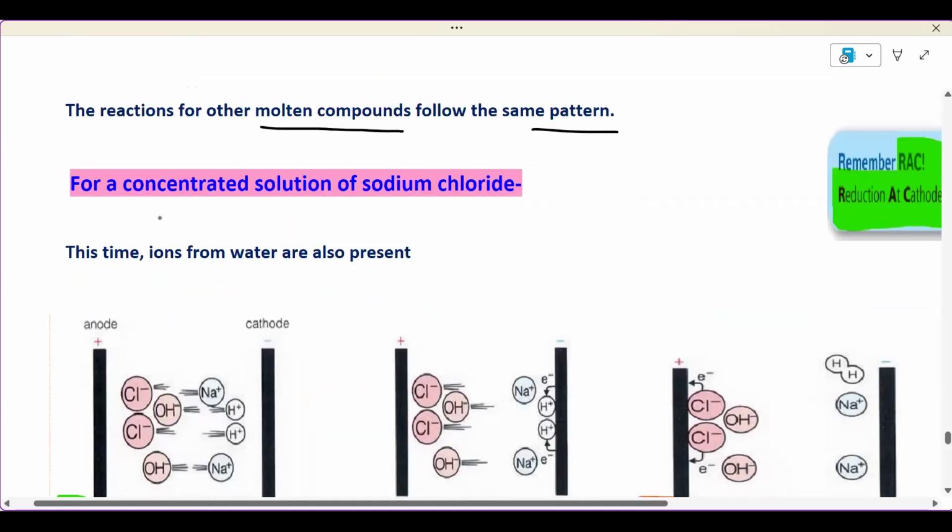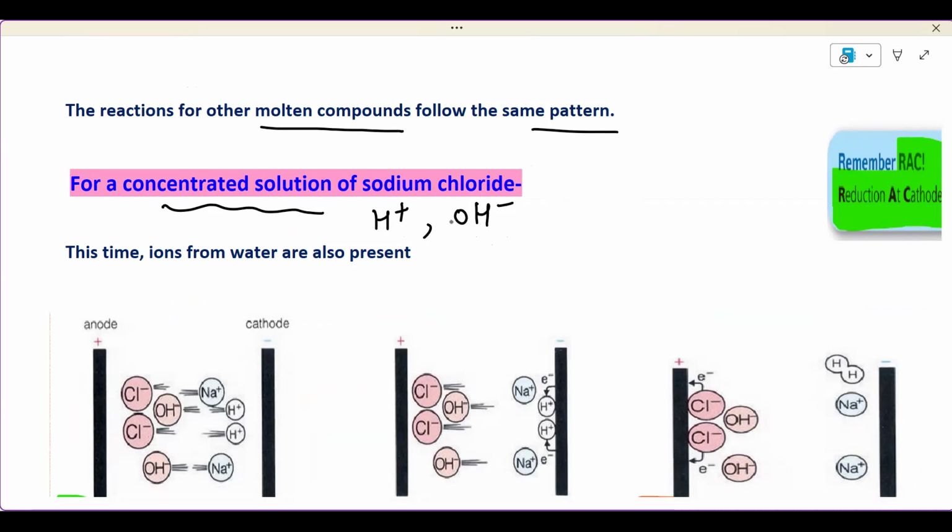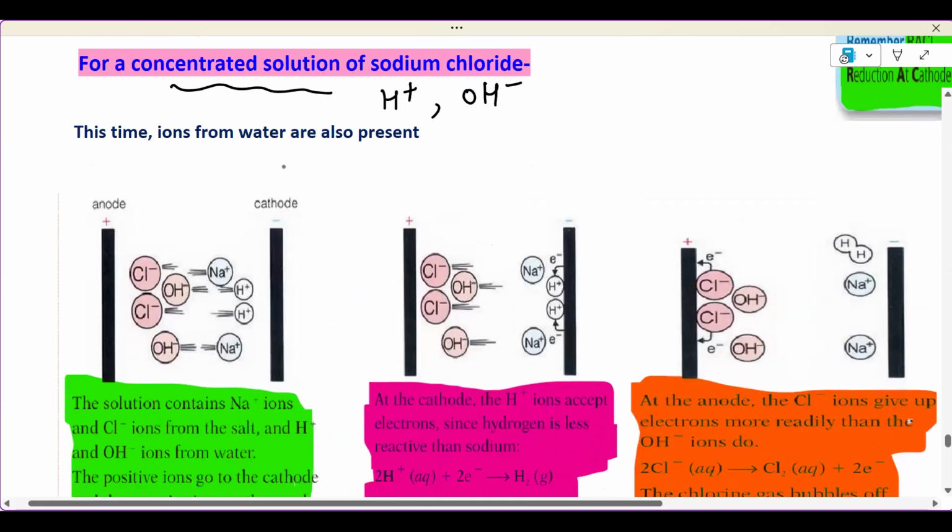For a concentrated solution of sodium chloride, concentrated means we have hydrogen ions and hydroxide ions, but in few numbers. This time ions from water are also present, but the number of hydrogen and hydroxide ions is less than the ions of sodium and chloride.